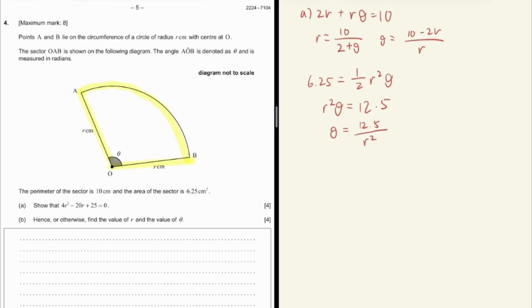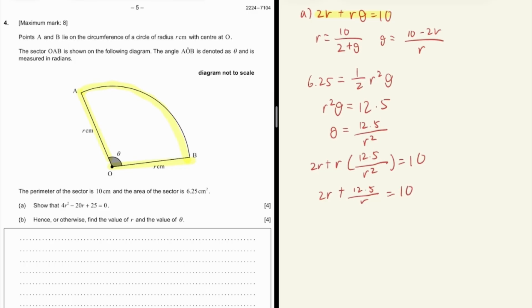Then we would go back to this formula, in which 2r plus r times theta, which is 12.5 over r squared, equals 10. And so 2r plus 12.5 over r equals 10.